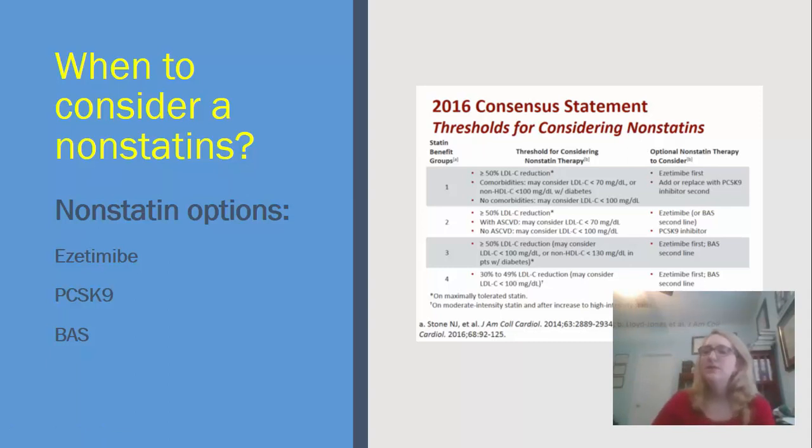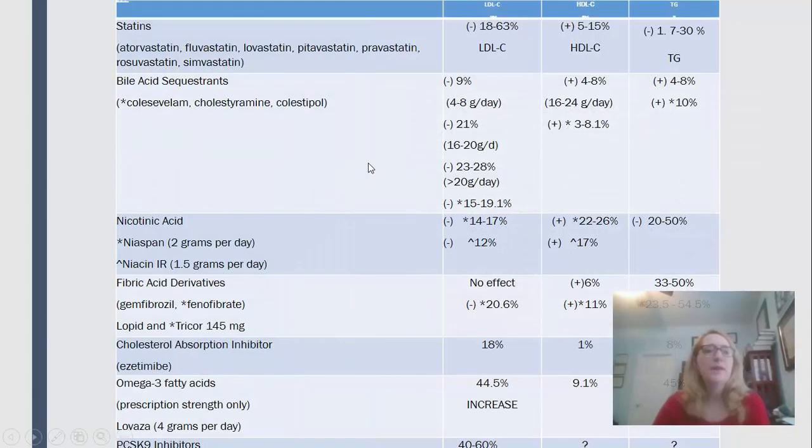Usually ezetimibe is your first option, and you look over that. And then here's some information about your different statins and all your different cholesterol medicines, a lot of them, and kind of how they affect your LDL-C, your HDL-C, your triglycerides.